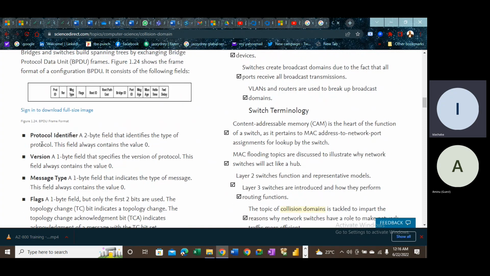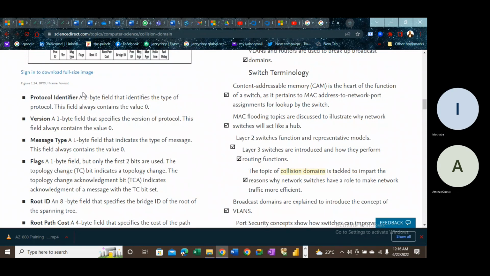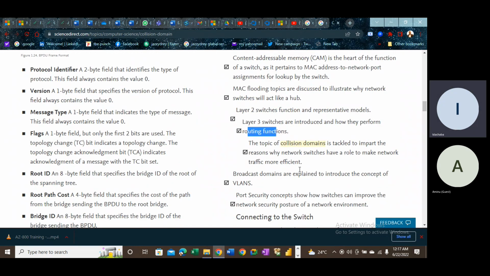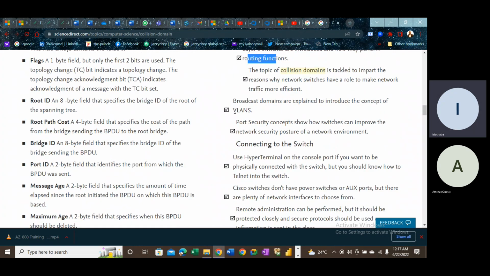So there's a whole lot of switch technology. Your switch can do what we call content addressable memory. It has CAM. It can do what we call routing function. It can do what we call VLAN, virtual local area networks.